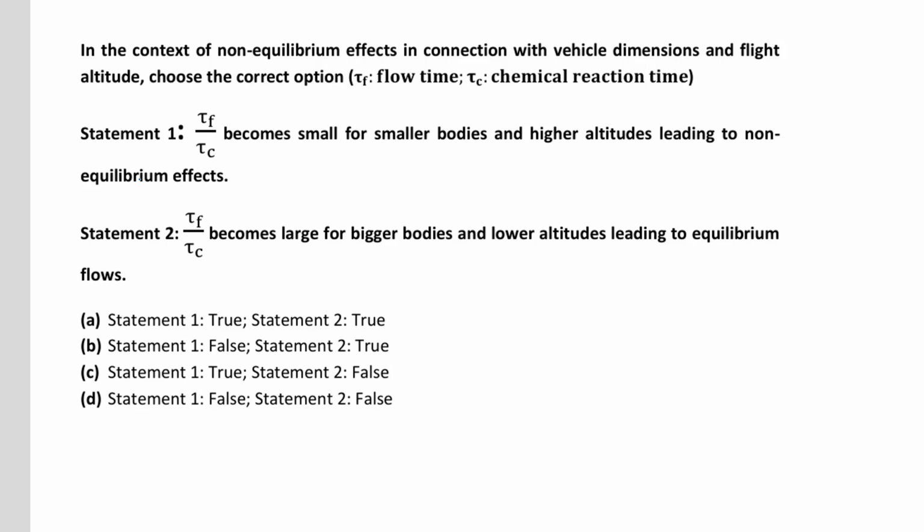Statement 2: tau f upon tau c becomes large for bigger bodies and lower altitude, leading to equilibrium flows. Option A, statement 1 true, statement 2 true. Option B, statement 1 false, statement 2 true. Option C, statement 1 true, statement 2 false. Option D, statement 1 false, statement 2 false.